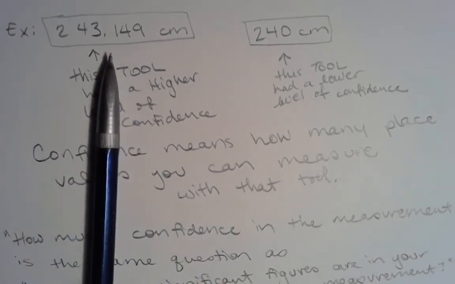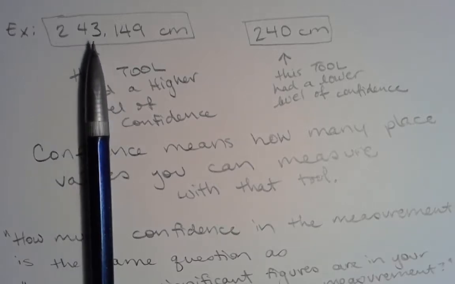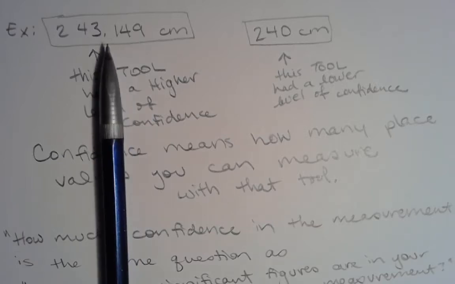Here you've got a tool that could measure, and we can actually count them. This tool could measure 1, 2, 3, 4, 5, 6 place values with confidence. So we would say this number has 6 significant figures because it has 6 place values that tool could confidently see and measure.